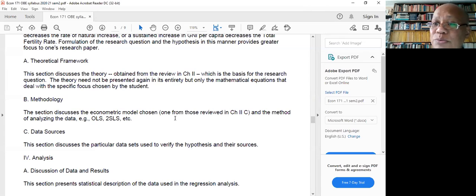Right now, many of you would be writing it using the future tense because that is what you are planning to do. I expect that in your papers when you submit it Tuesday next week, because you still plan on running the regression. But when you start writing this, please keep in mind you have to write them all in the past tense. Okay?